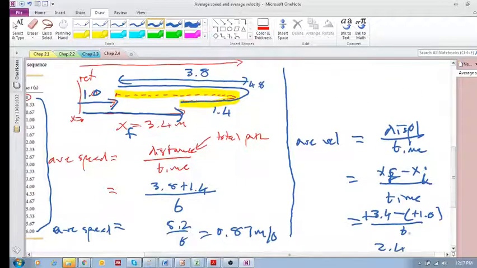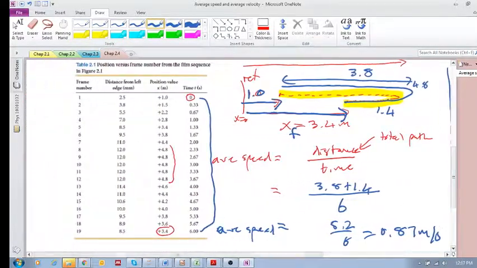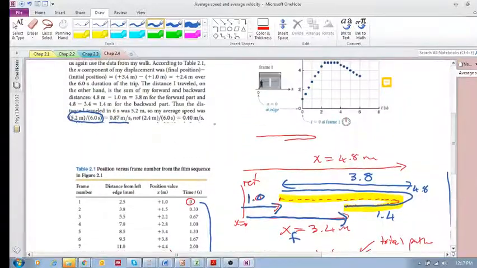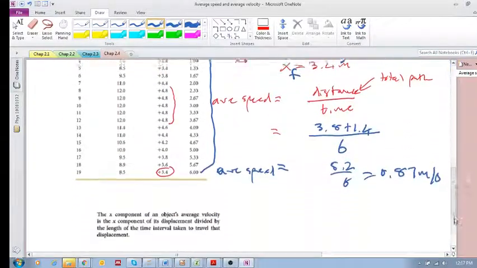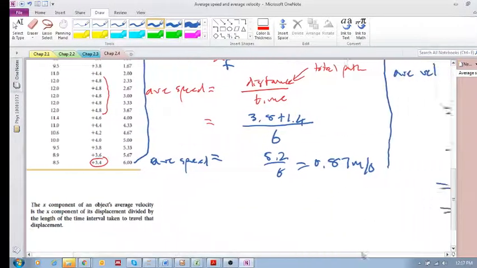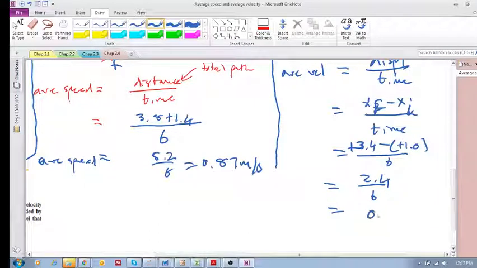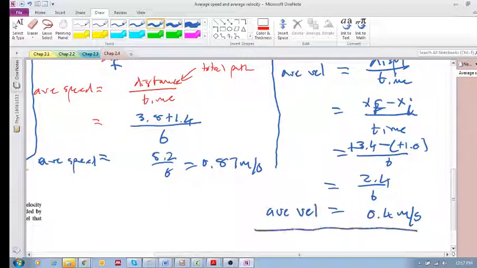I know it looks obvious, but I don't want to make a mistake here in front of you. 2.4 divided by 6 is 0.4 meters per second. So that is my average velocity.